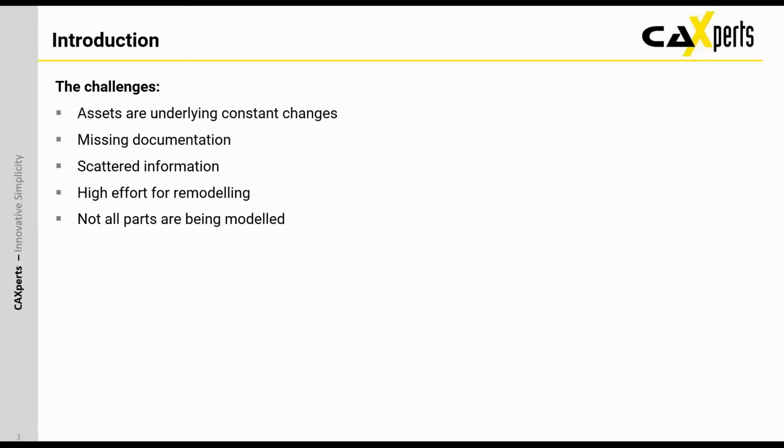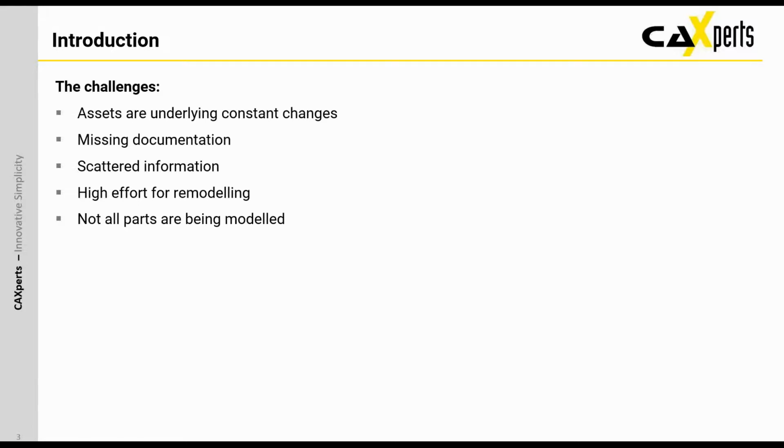So what are actually the challenges in brownfield projects? First of all, you need to have some type of model of your assets. But these assets are underlying constant changes. Very often you have missing documentation because parts of the plant or the asset are just so old that part of the documentation has been lost over time.